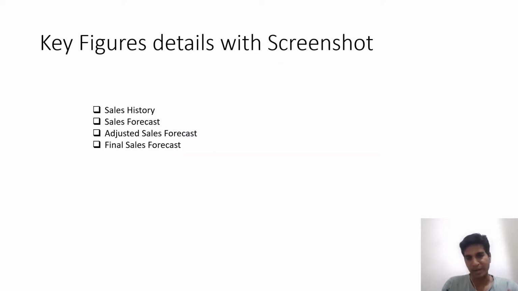So once the planning level is defined, the next step is to create the key figures in the planning area itself. In order to perform the business task, we require these 4 key figures. First being sales history. In this key figure, we're going to store the weekly sales history data for whatever number of weeks that we want.